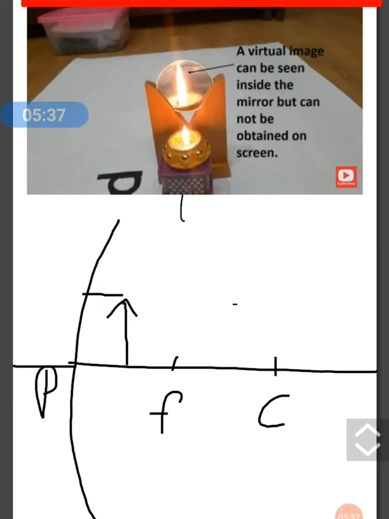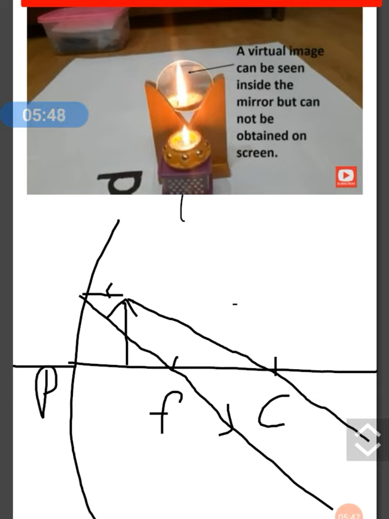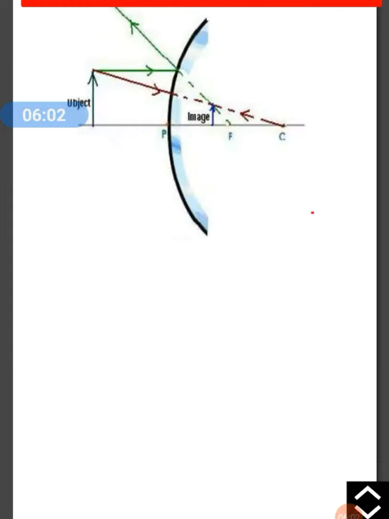The first ray is parallel to the principal axis and the reflected ray passes through the focal point. Now the third ray passes through the center of curvature. But if we take it inside like this, the image is formed inside the mirror: virtual, erect and very enlarged.